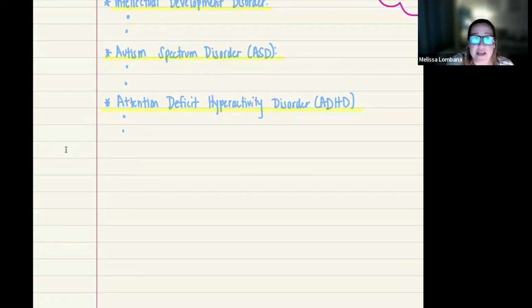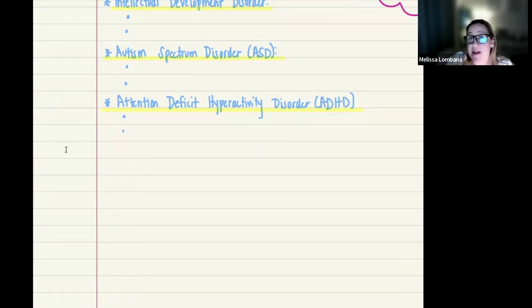Now, there could be hyperactive behaviors, and hyperactive behaviors can look like fidgeting, running around, feeling restless, difficulty staying still. And then there can also be impulsive behaviors, which are basically actions taken without thinking about them, maybe impulsively hitting or interrupting others or throwing objects.